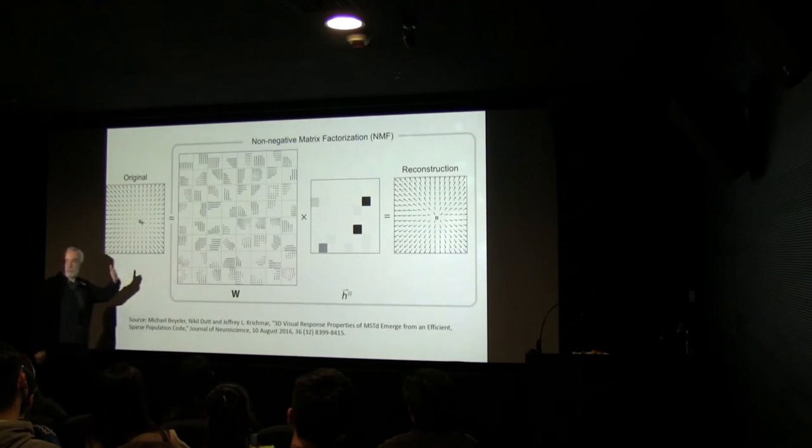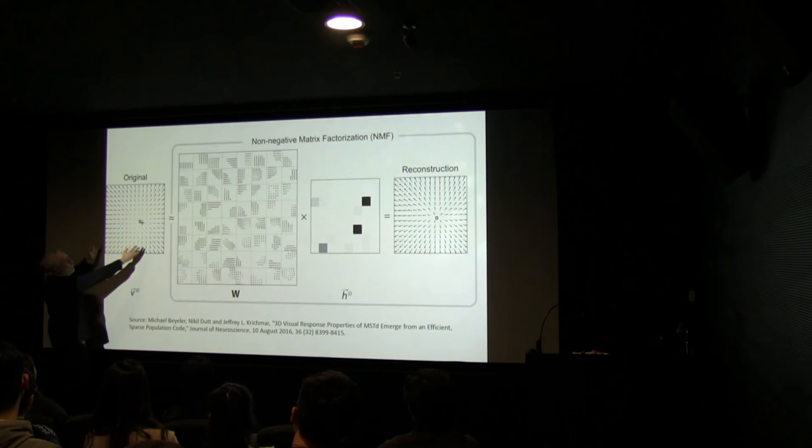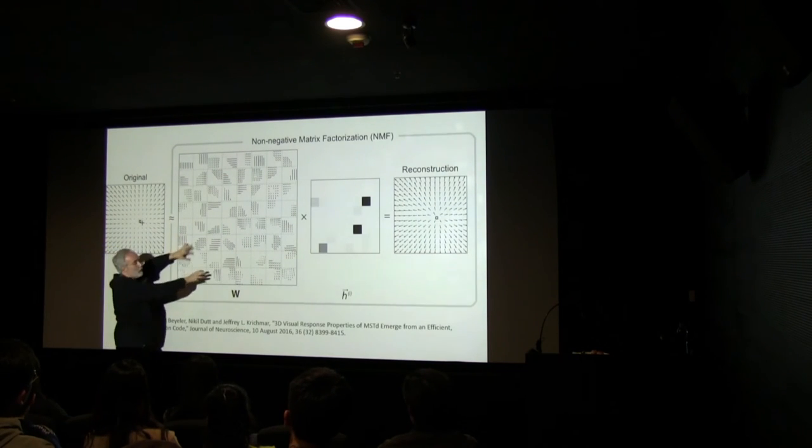Actually, we can use the method that I mentioned, non-negative matrix factorization, not just to decompose pixels, but to decompose motion. So we can take a lot of movement, not just one, a lot of movement as an input, and the computer will produce a dictionary of different parts of movement.